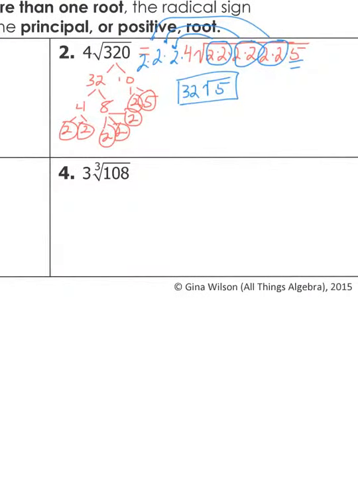All right, then number 4. That one you should be able to do on your own. So go ahead, pause the video and do it. Just do it. So 9 goes in there once, twice, 3 and 3, 3 and 4, 2 and 2. So I have a 3 cube root of 2 2's and 3 3's.